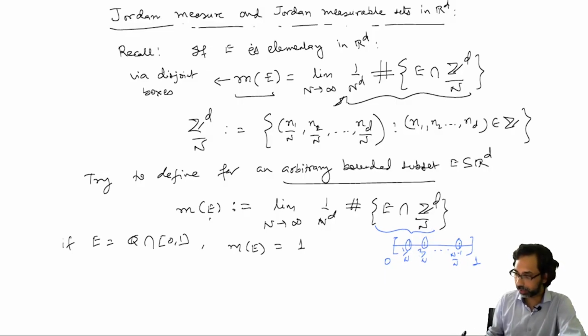So we will have how many points? 1, 2 up to n minus 1, but you will also have to consider these 2 endpoints. So you will have in total n plus 1 points, and then you divide by n, so you will just have 1 plus 1 over n, and when you take the limit as n goes to infinity you will just get 1. So the measure of this set E, which is the rationals in 0, 1, is simply 1.